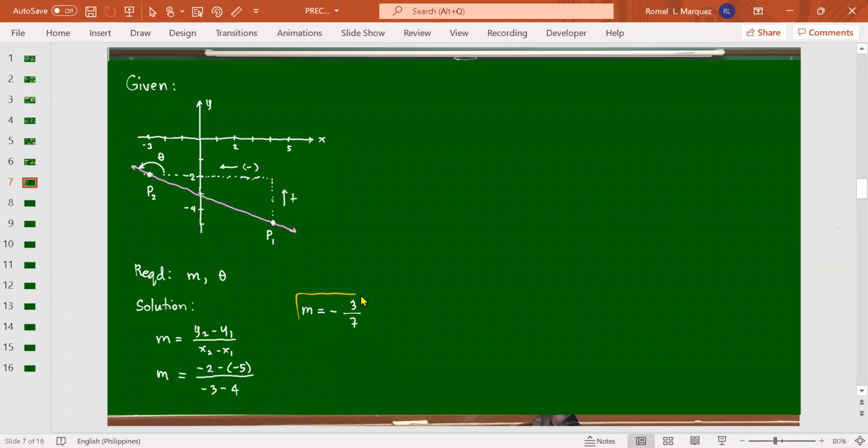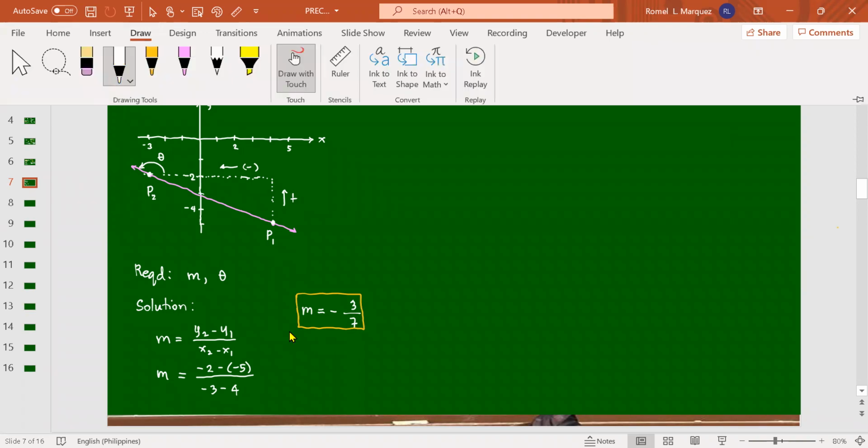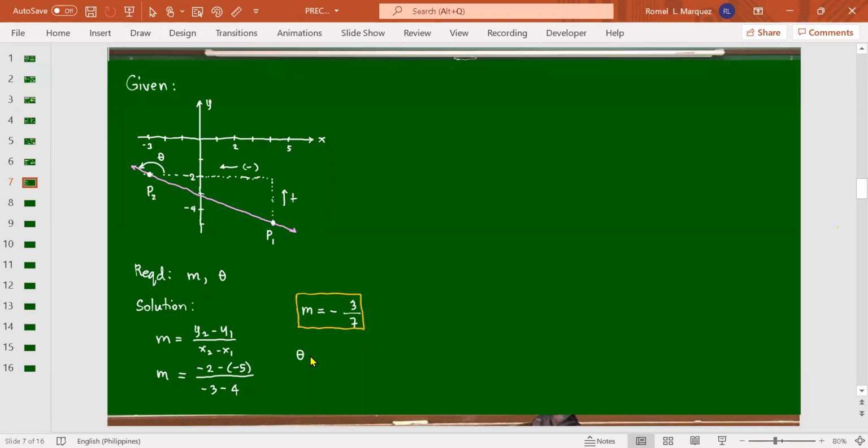So it is expected to be negative, no? Because the line is rising up to the left. What about theta? Theta is equal to the arctangent of the slope, arctangent of m, plus 180 degrees times k.